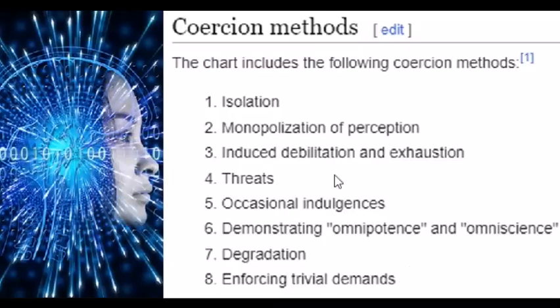So number 3, you might say it's a sub-point, or a B point from the A points, like isolation, monopolization, threats, demonstrate omnipotence, degradation, and 8, enforcing trivial demands. So it's a result, this one. So like this, it's probably easier to understand.